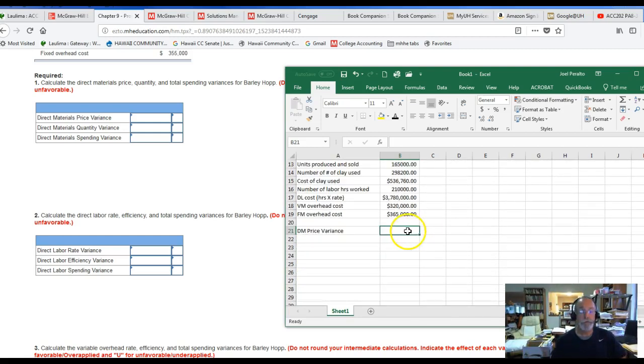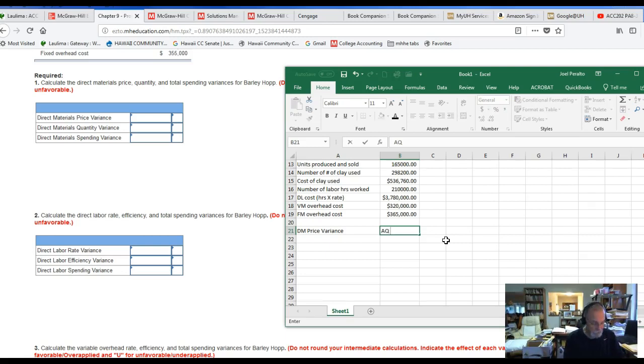And so we go to Exhibit 9.6, and that basically gives us the formula for each one of these items. So to get our direct materials price variance, we take actual quantity times actual price. So let's put that in there.